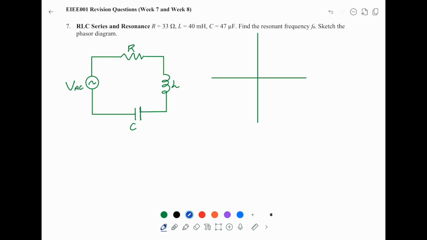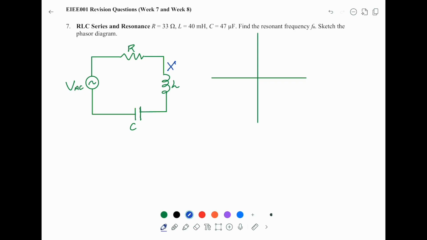In this circuit, we have a resistor, inductor, and capacitor. They are all connected in series. Now, first, the current will be the same because of Kirchhoff's law, all current along any series circuit will be exactly the same. Now, let's look at the inductive reactance, which is XL.